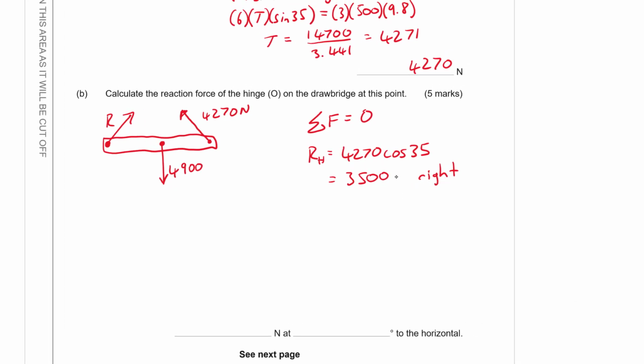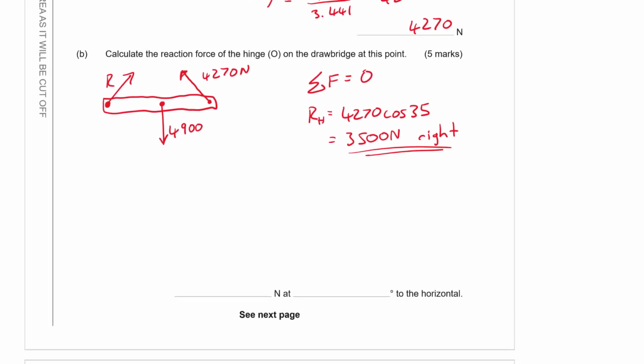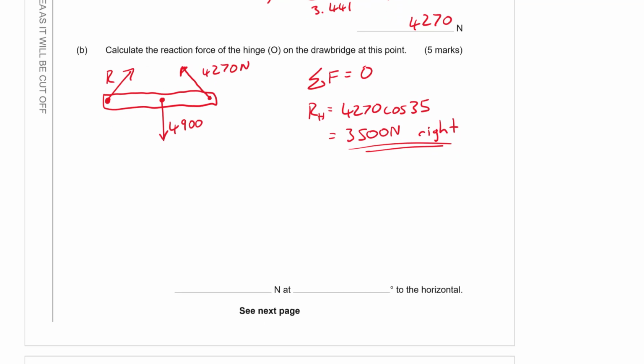Okay, so that's your first bit. Now we know the horizontal forces, let's start looking at the vertical forces. So the vertical reaction force has to basically balance out all the vertical forces there. We've got a gravity force acting down and the tension force acting up. So I'm going to suggest that up is a positive value.